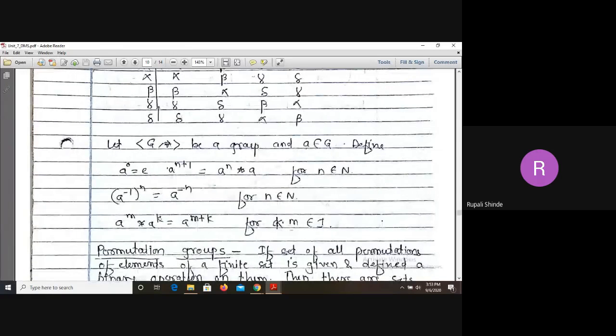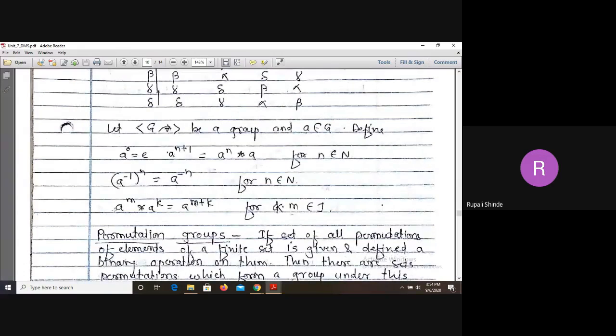So here they have given some properties of groups. Let (G, star) be a group and A belongs to G. Define the following properties. A raised to 0 is equal to the identity element E. A raised to n plus 1 is equal to A raised to n star A, for any n belonging to capital N. Second, (A raised to minus 1) raised to n is equal to A raised to minus n.